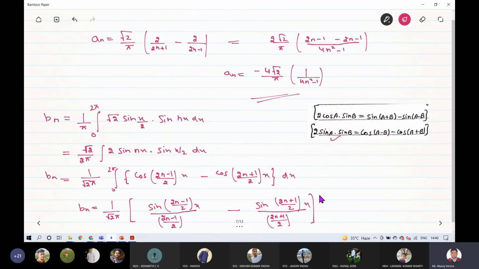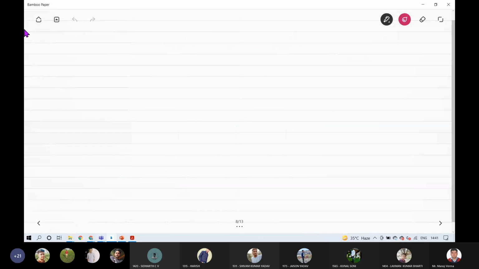Okay. Now I can simply insert the limits in this expression, and if I insert the limits, it will become 1 over 2 pi, 2 over 2n minus 1, sine of the upper limit, that is 2 pi.